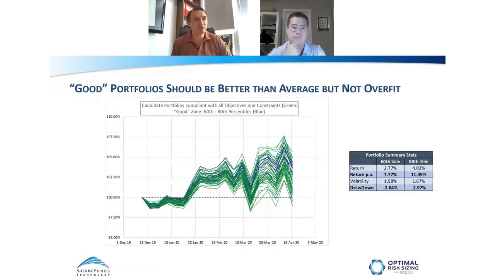So if we look at what we are trying to help portfolio managers with, it's to say, you have your asset selection, which introduces some hopefully upward bias in the experience, but you want the actual experience you have to be somewhere in the blue lines here, which is, I think, 60th to 80th percentile of possible outcomes.